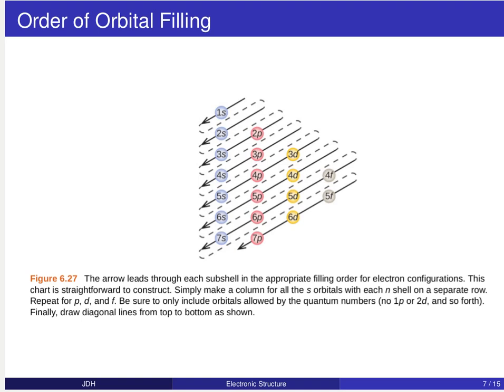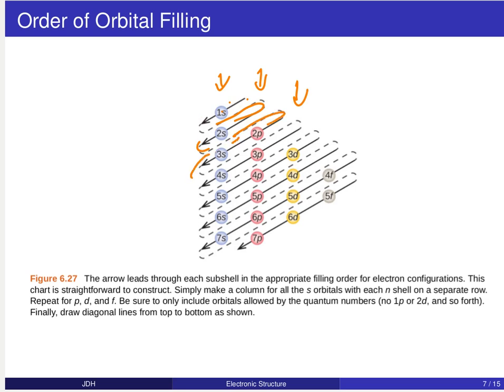Now, there are a number of different ways you can keep track of the order in which orbitals are filled. One that's often presented in textbooks is this figure here from the OpenStax book, where you can write out all the s, p, and d orbitals, shift down one step each time, and then follow this little pathway here.